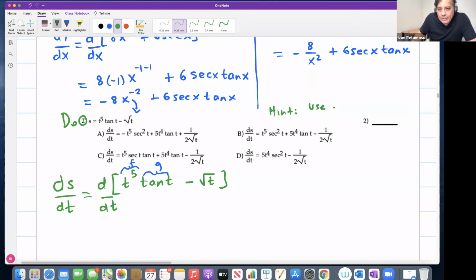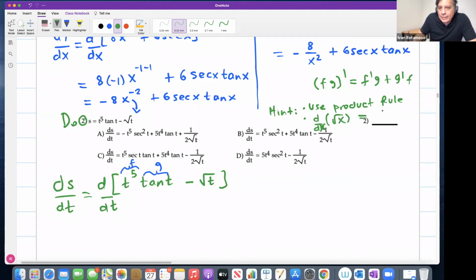So first hint, use product rule, which is this: the derivative of f times g is f prime g plus g prime f. And the second hint is the derivative with respect to x, in general, of a square root of x.